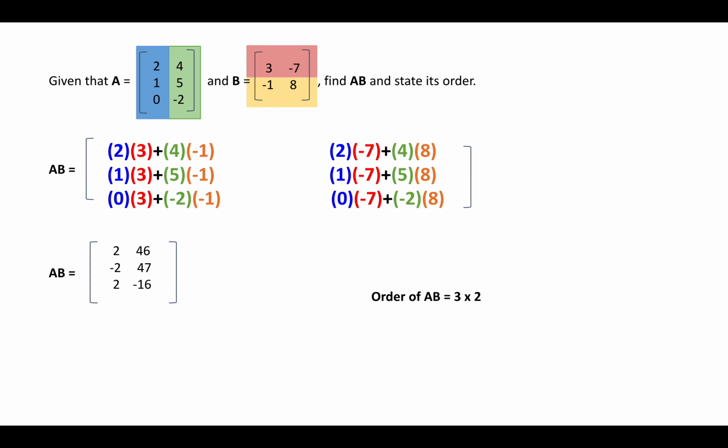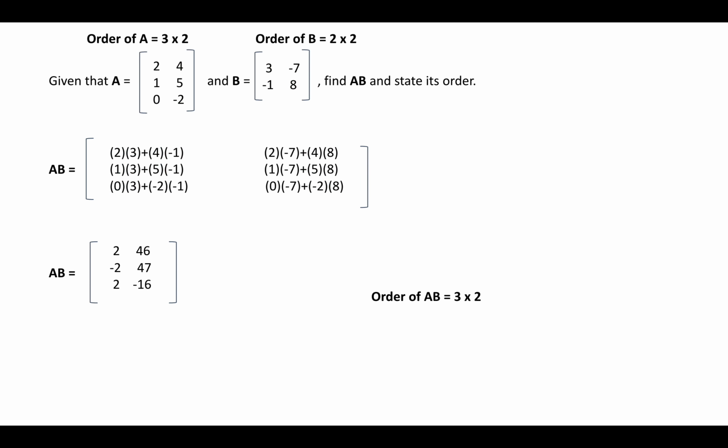The same process applies over and over again. Of course, the important thing to remind one another is that when we multiply matrices together, it is important to check the order. In this case, we have already established that the order is fine, but let's take a closer look at the order. The order of matrix A is 3 by 2, and the order of matrix B is 2 by 2.